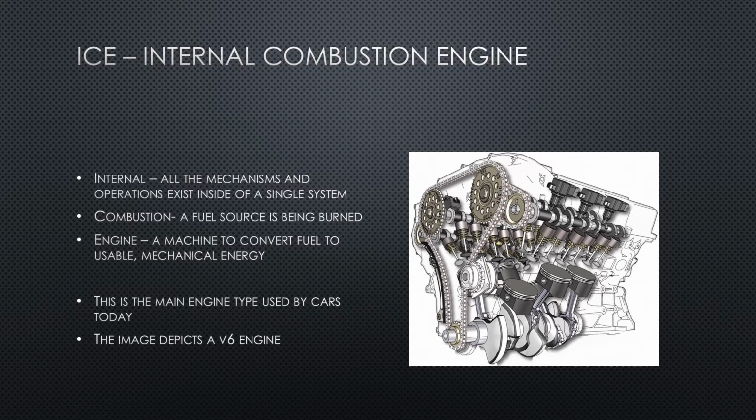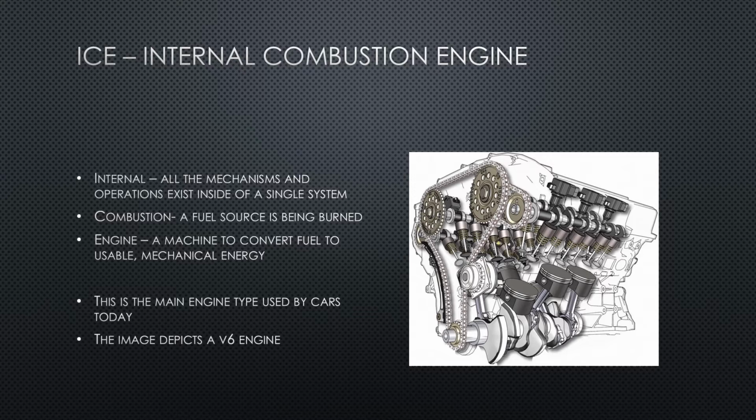So the most common type of engine used by our cars are the internal combustion engine. And while that sounds like a mouthful, I think we can break it down pretty easily. So if we look at the first word, internal, all of the mechanisms and the operations exist inside of a single system, as opposed to it being spread out across a variety of systems or outside of a single chassis or body, right?